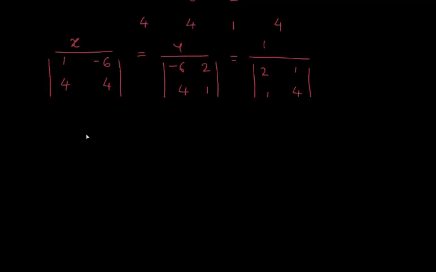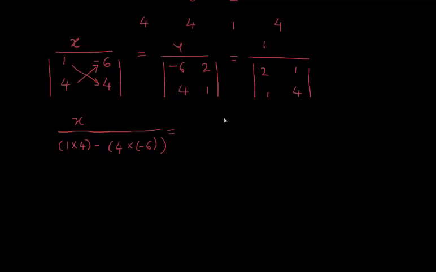Now this way we got an equation involving 3 terms, x, y and the constant term. In the next step, we have to cross multiply the terms. So x will remain as it is, then cross multiplying. First we have to multiply 1 and 4, and then subtract the product of the other two terms, that means 4 into minus 6.